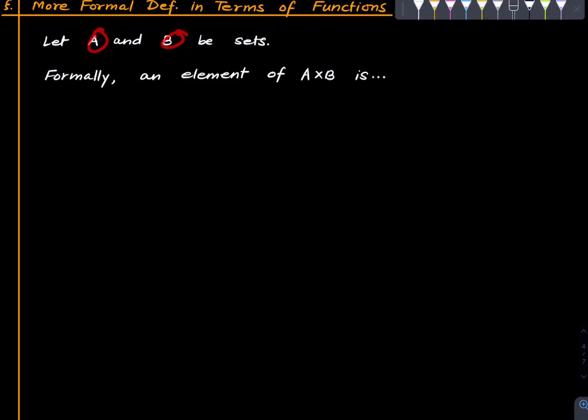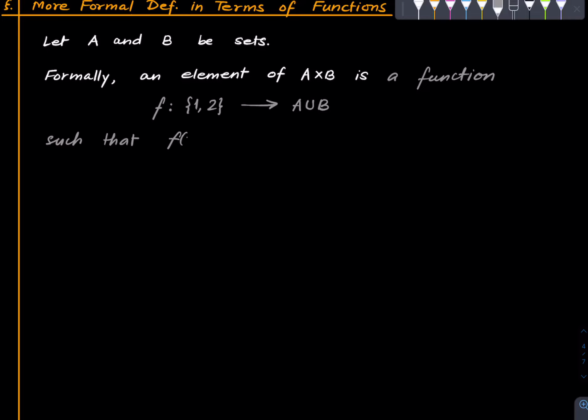If A and B are again non-empty sets, then an element of A cross B is, very, very properly speaking, a function with the domain {1, 2} and target A union B such that f(1) is an element of A and f(2) is an element of B.